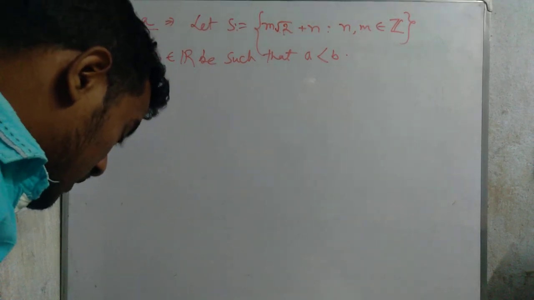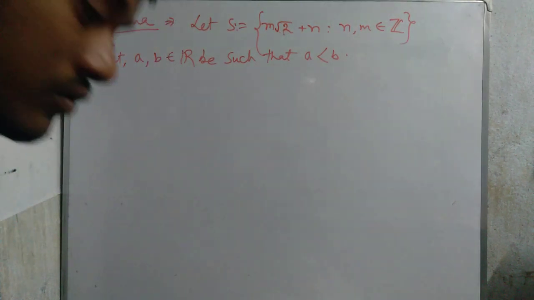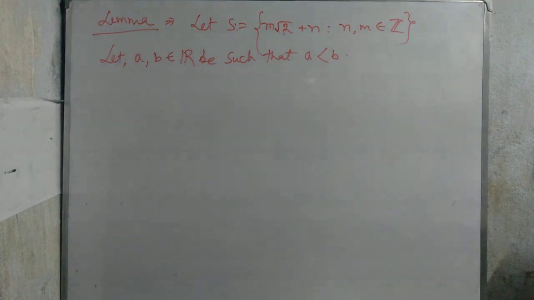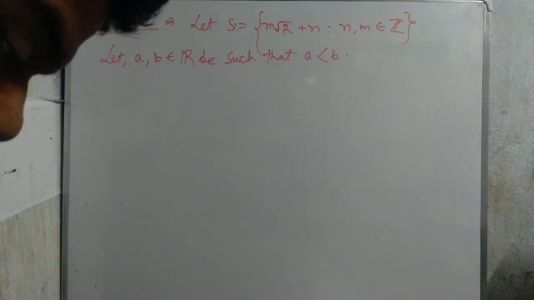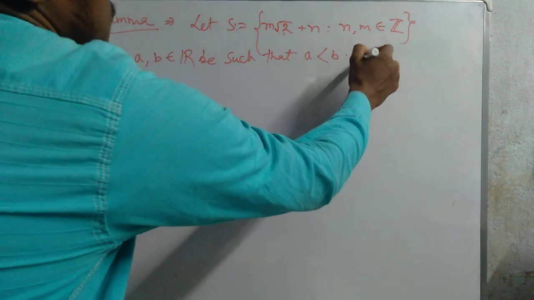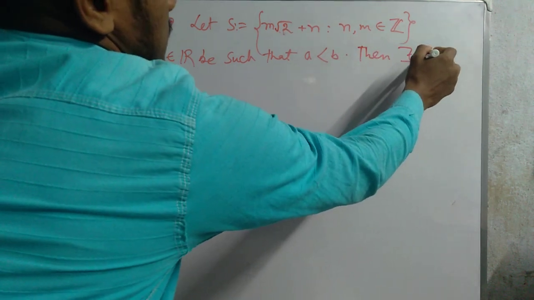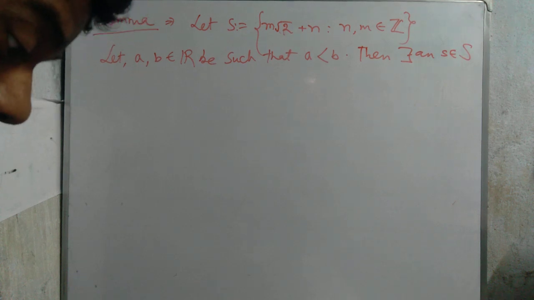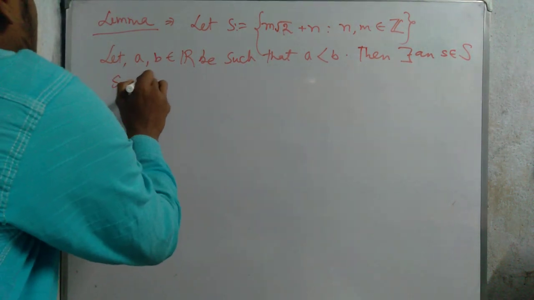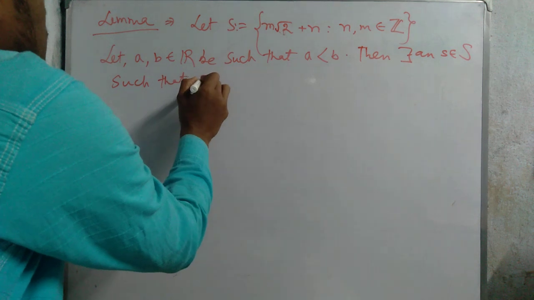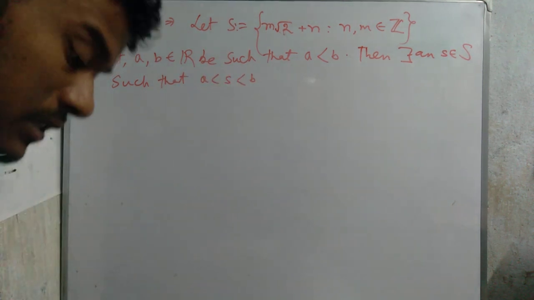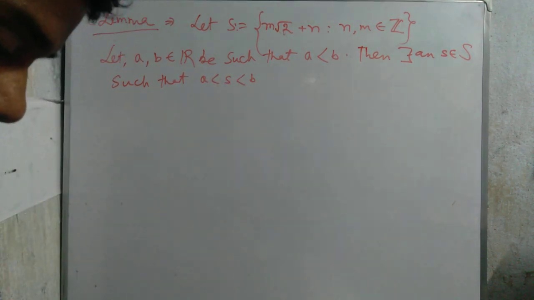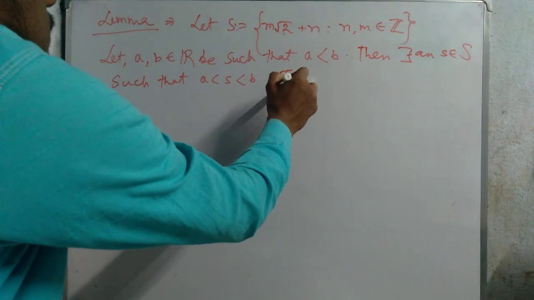Then there exists an s belonging to this S such that a is less than s less than b.